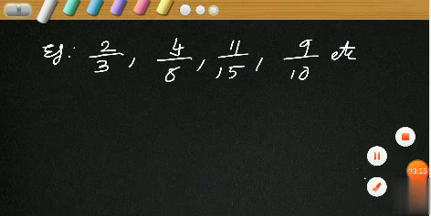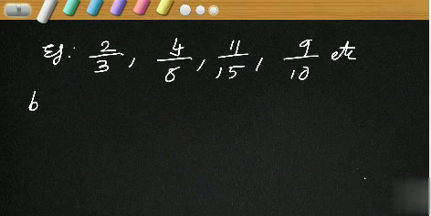Yes. Now let's write B. What is B? Improper fraction. Can you say the definition of an improper fraction? Yes, a fraction in which the numerator is greater than the denominator is known as an improper fraction.